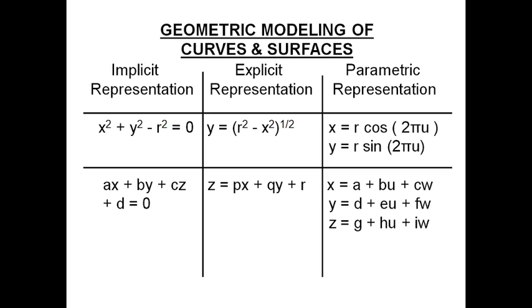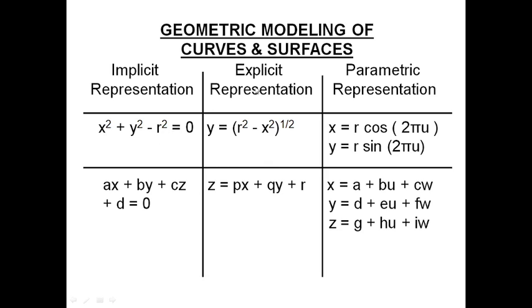This is when you have an equation where both the variables are on the left side and they are equated to 0, so mostly it is an implicit form of representation.